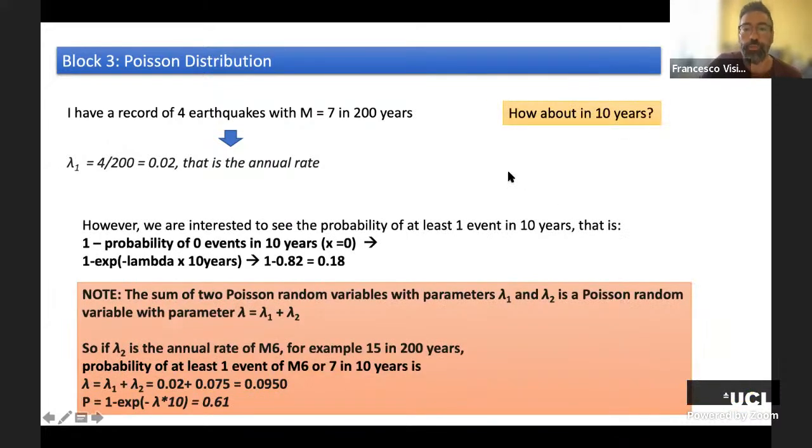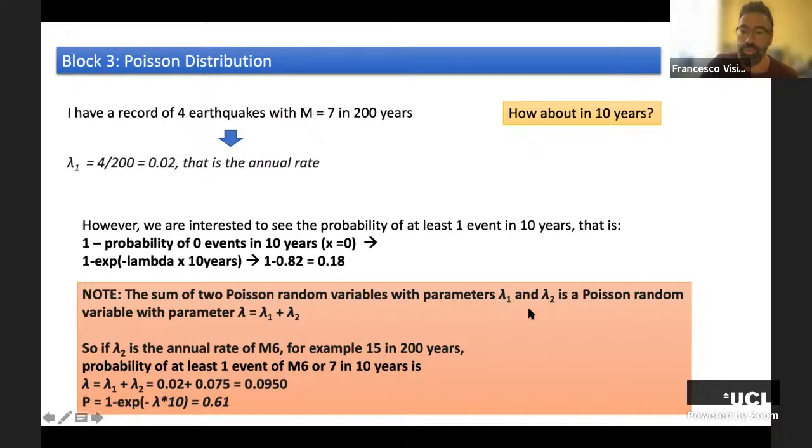If we are interested to see what happened in 10 years, given the same annual rate, we simply multiply the lambda in the formula by the time of interest, in this case 10 years. So 1 minus the exponential of minus lambda times 10 years is 0.18, and so on.